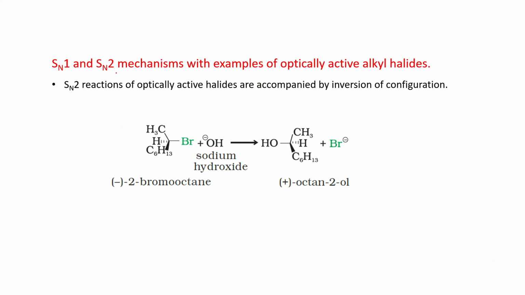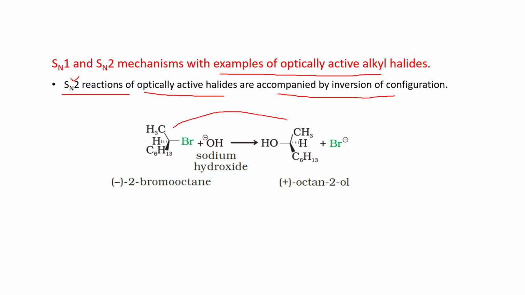Now the SN1 and SN2 mechanisms with examples of optically active alkyl halides. SN2 reactions of optically active halides are accompanied by inversion of configuration. If an alkyl halide undergoes reaction through SN2 and that alkyl halide is optically active, then this will proceed with inversion of configuration.